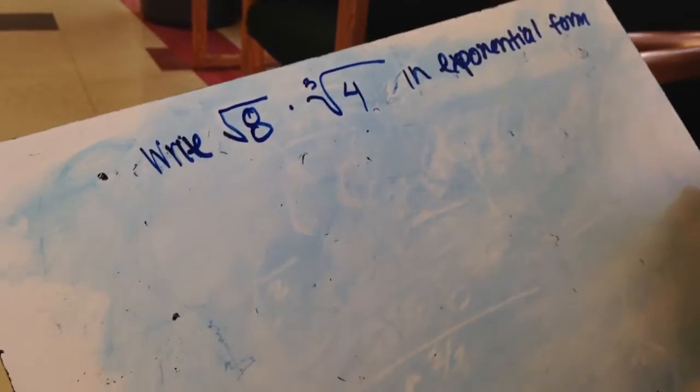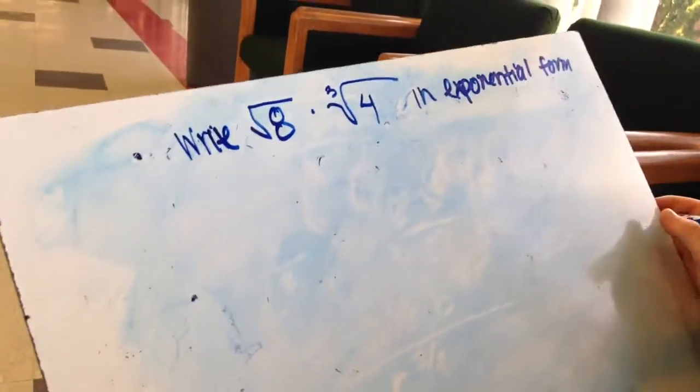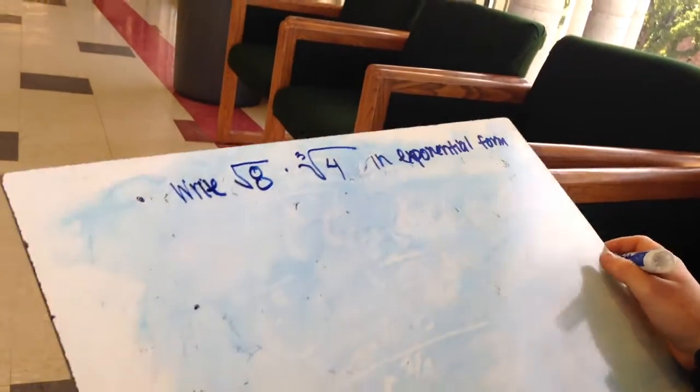Write radical 8 times cube root of radical 4 in exponential form and in simplest radical form.